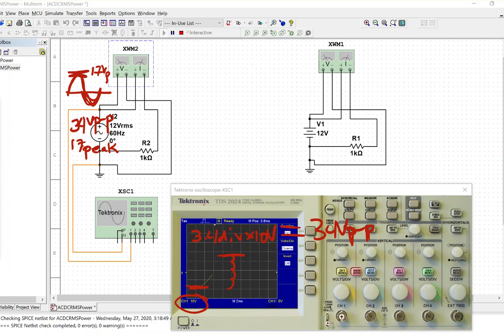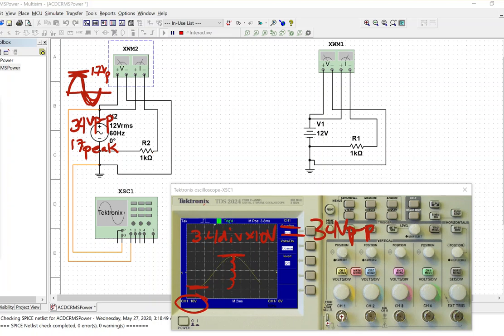And so what our definition of RMS says is that the RMS value equivalent to this 17 volt peak waveform is the RMS value that will generate the same amount of dissipated power in the same load resistor.